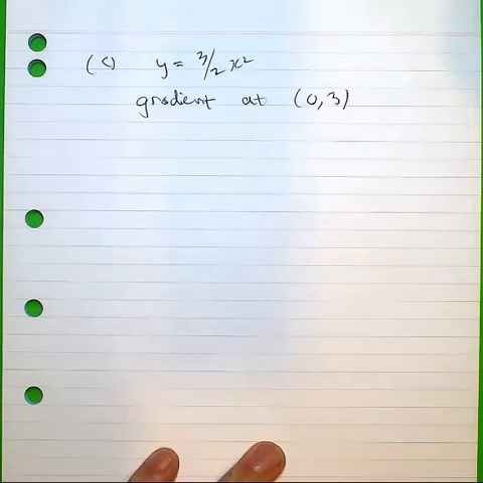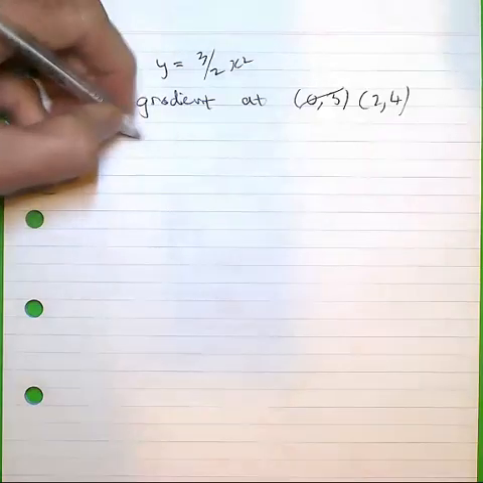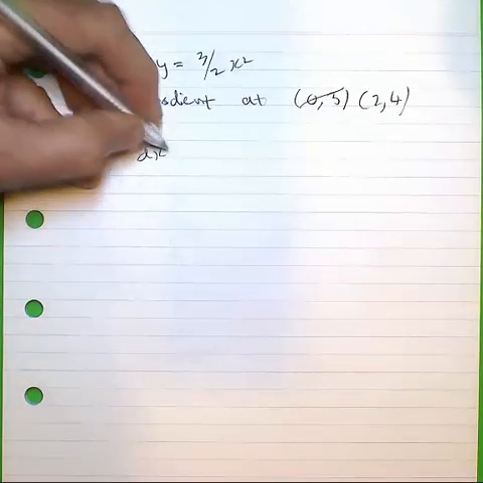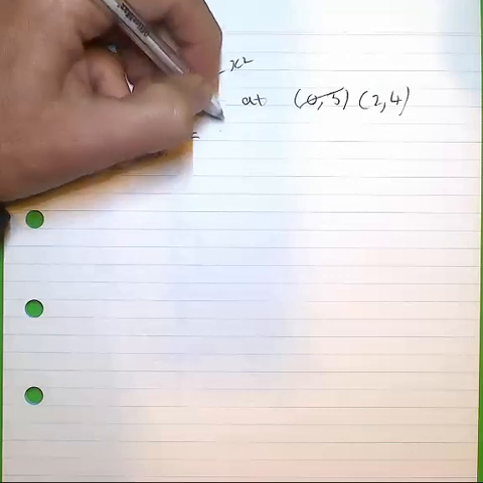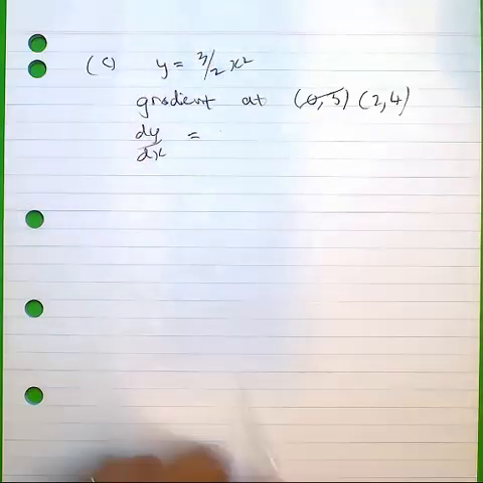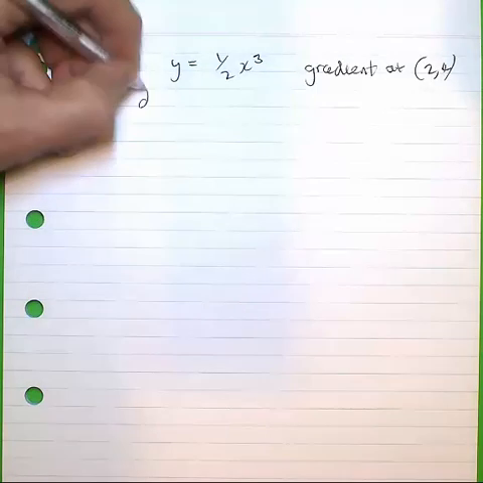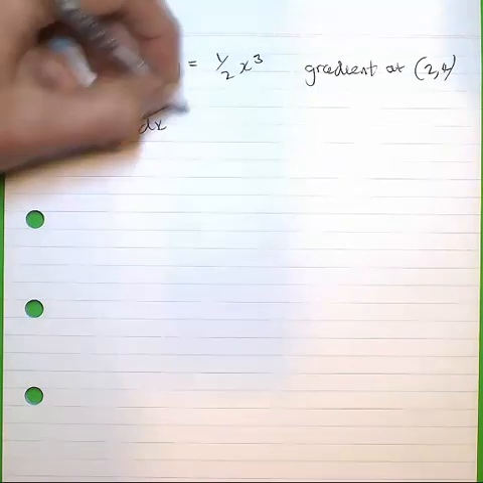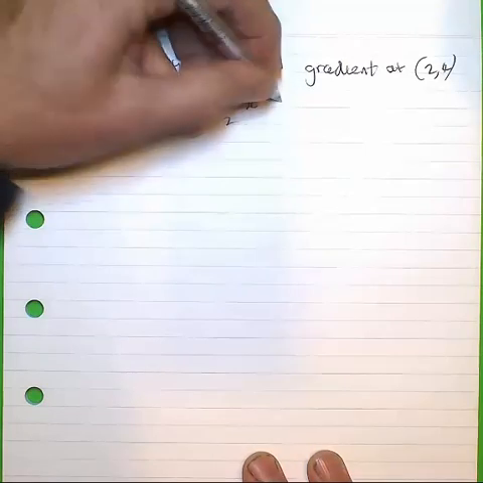Now this will also work for a cubic function such as shown here. It's a gradient at x equals 2, sorry. When I do that, I take the derivative to find the gradient function. I cheated, I went to the derivative. Now my derivative in this case is going to be 3 over 2 x squared.